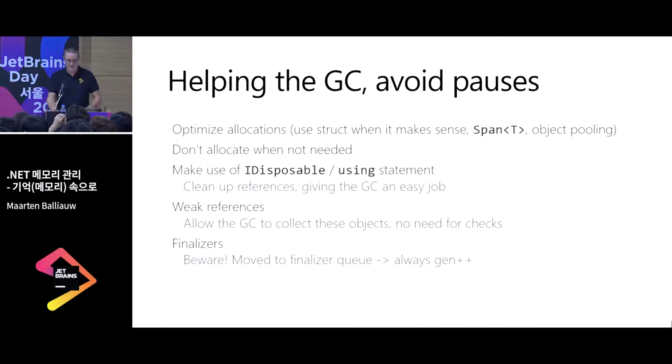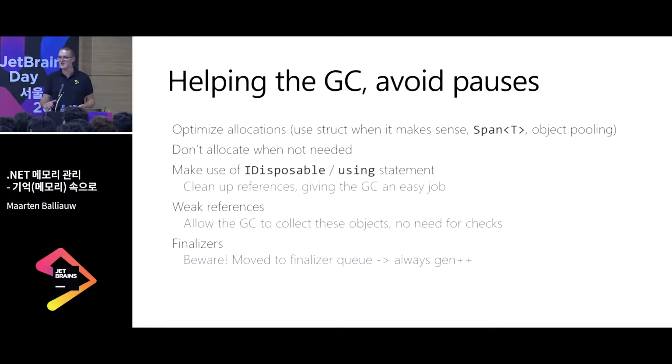Right. So the main thing that we want to do is help the garbage collector from making those pauses in our application. We want our application to run smoothly, so let's help the garbage collector run swiftly and efficiently over our source code. A couple of things that we can do is optimize our allocations.